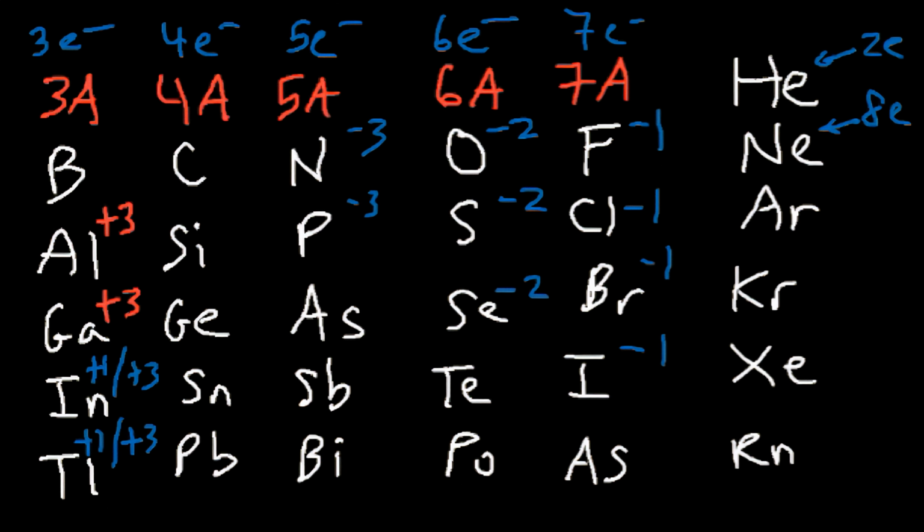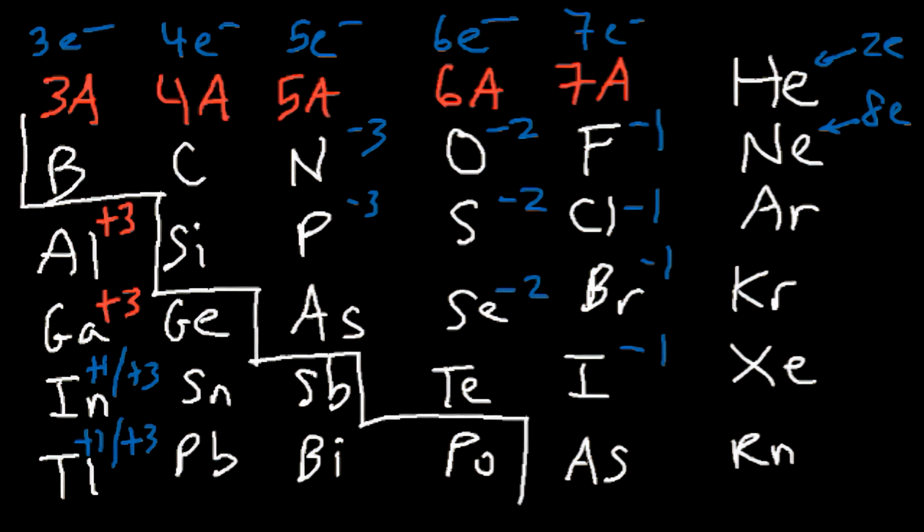Now you need to know where the metals and the nonmetals are on the periodic table. If you look at a typical periodic table, you're going to see a line which goes like this. To the lower left of that line, you have metals. On the upper right side, you have nonmetals.